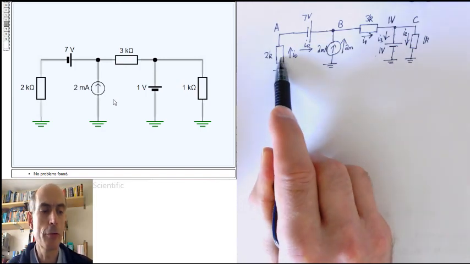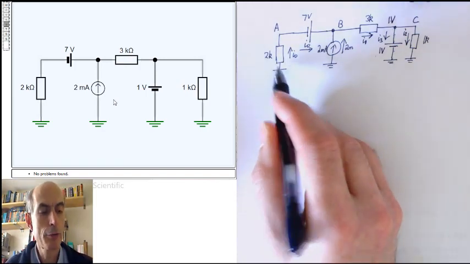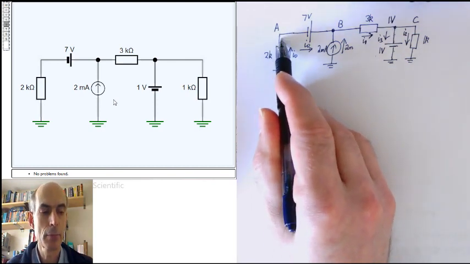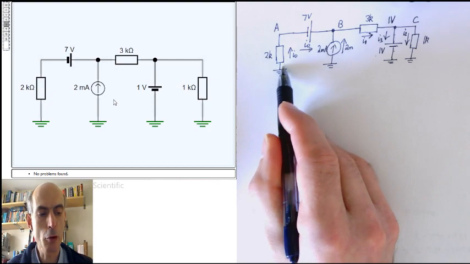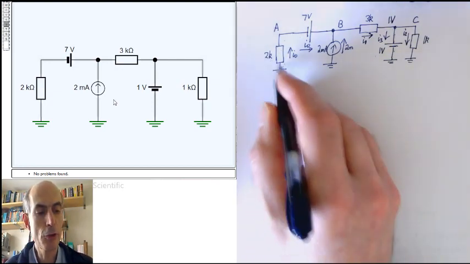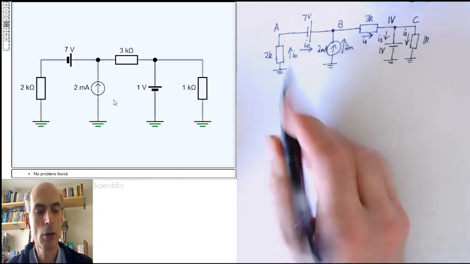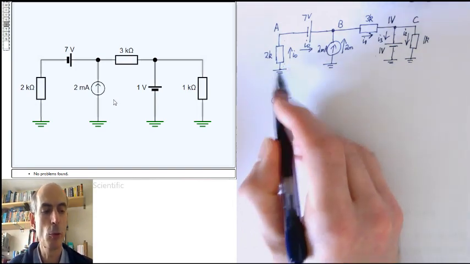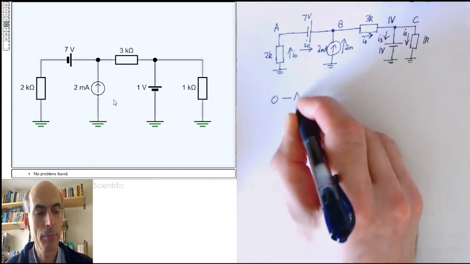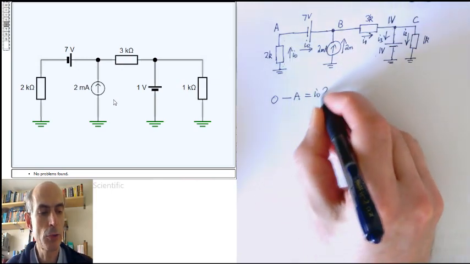Applying Ohm's law for this resistor tells me that the voltage here minus the voltage here is the current flowing from here to here times the resistance 2K. So this is the voltage at this point, where the current starts, 0, minus the voltage at this point, where the current goes to, A, equals the current, I0, times 2K.